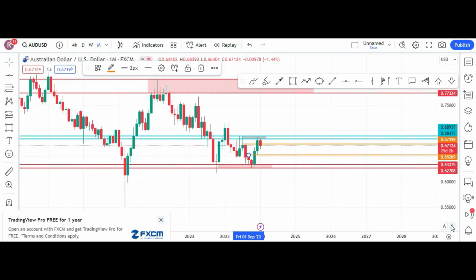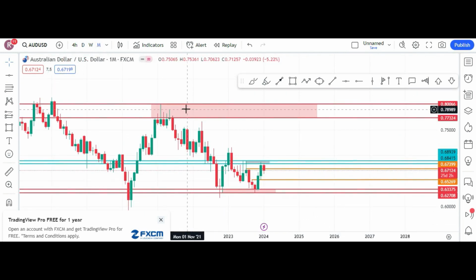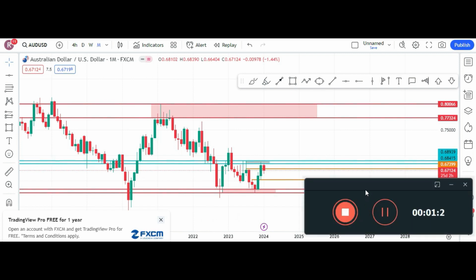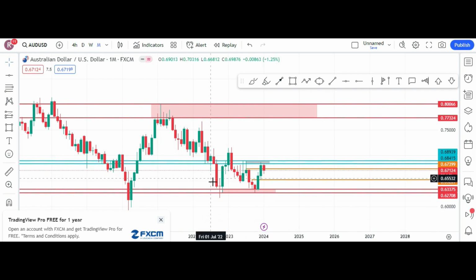First of all, this was the double top which pushed the price back to this position here. This is the place where the price has been pushed back, and from here it pushed up when it found a double bottom.